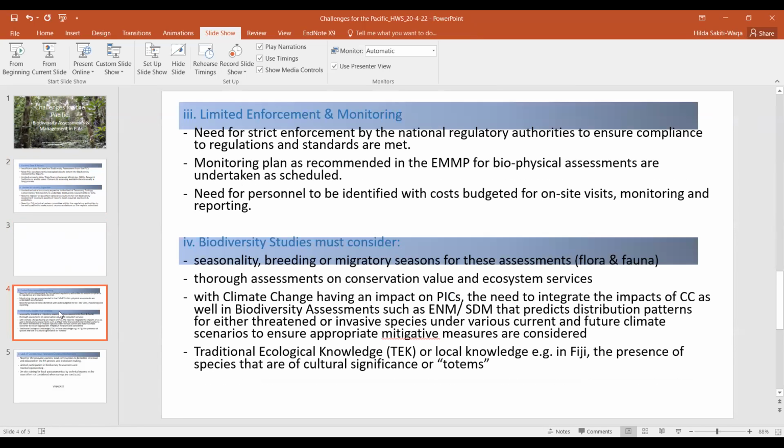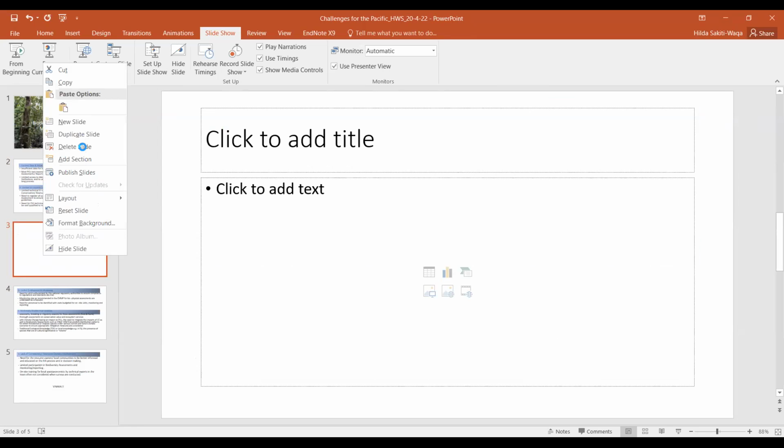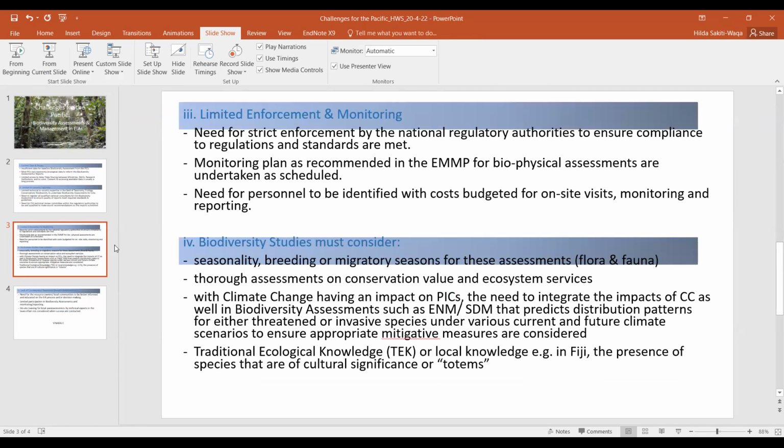Sorry, the third one is on limited enforcement and monitoring. There's need for strict enforcement by national regulatory authorities to ensure compliance to regulations and that standards are met. Monitoring plans are recommended in the environmental management plan for biophysical assessments, and these need to be undertaken as scheduled.